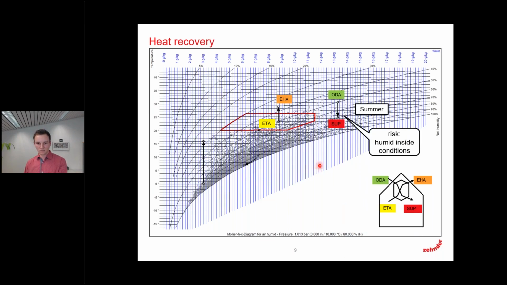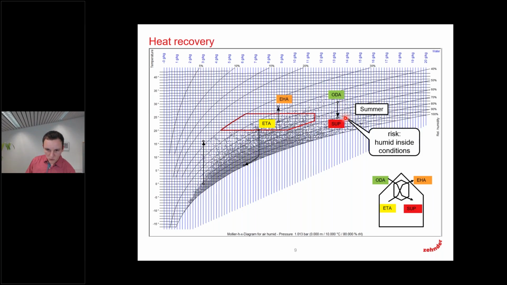Now let's take a look at the summer case. We have the outdoor air here, and we just recover the cold from the indoor air.